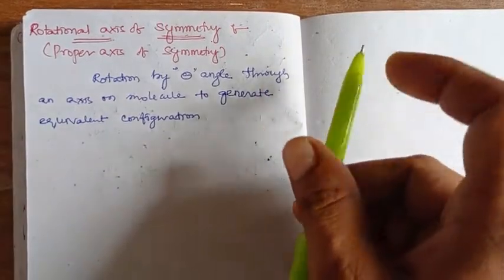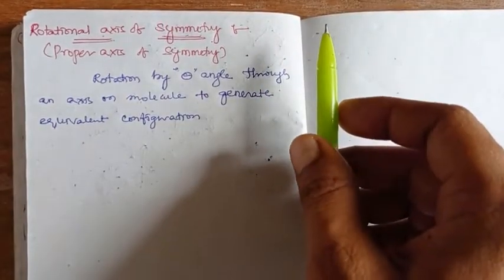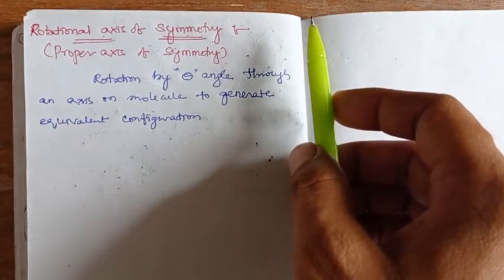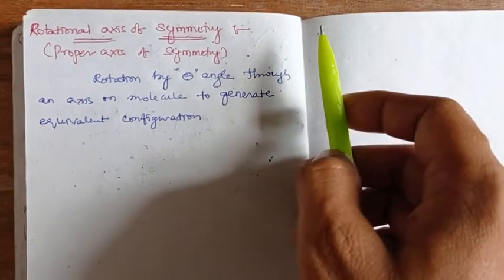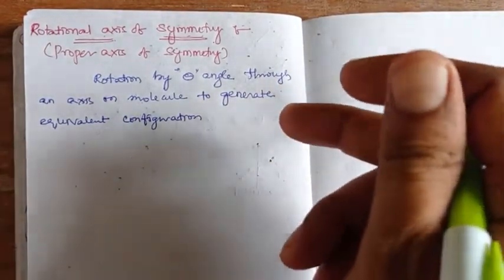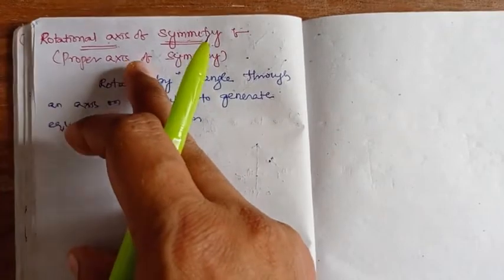The rotational axis can be defined as rotation by theta angle through an axis on a molecule to generate an equivalent configuration, which will be known as a rotational axis of symmetry.